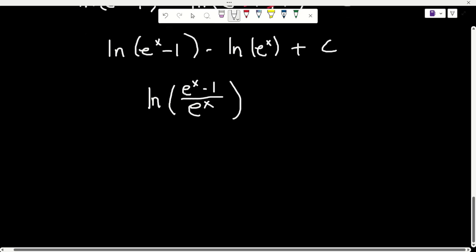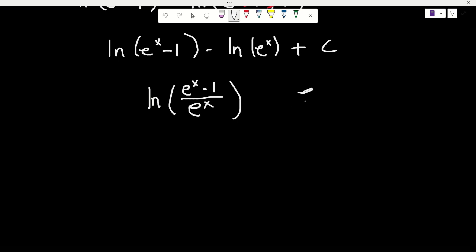And if you separate this one, it will become like this: e^x over e^x minus 1 over e^x, right? Now, this will cancel and equal to 1, and then minus 1 over e^x.